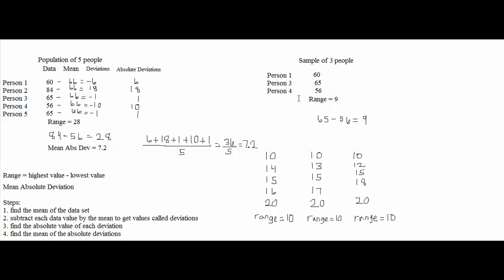Now let's find the mean absolute deviation of the sample. We have to follow these same steps. First, we have to find the mean of the sample. Since the sample includes three numbers, we add the three numbers and divide the total by 3.